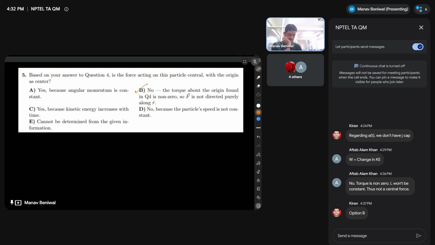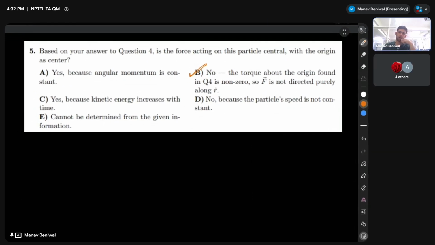So because we found a non-zero torque, that means our angular momentum is not conserved. But we know that for a central force, angular momentum is always conserved, right? Okay, so option B is the correct choice.